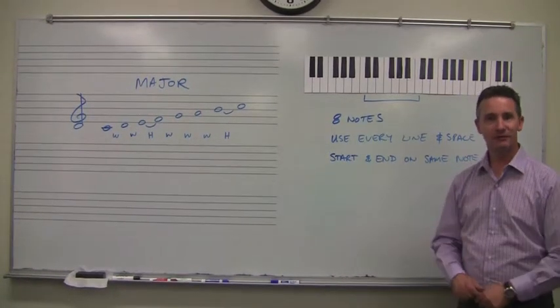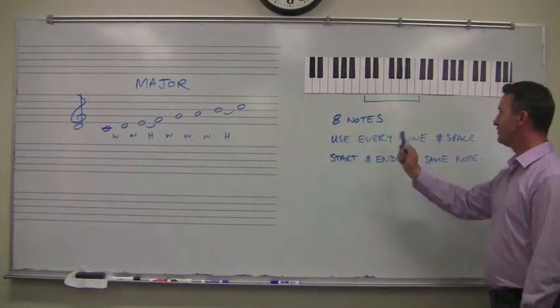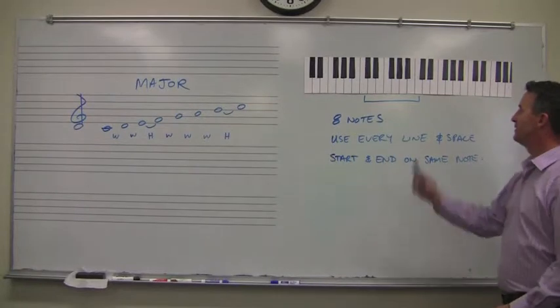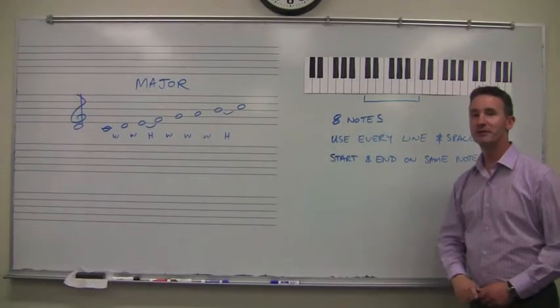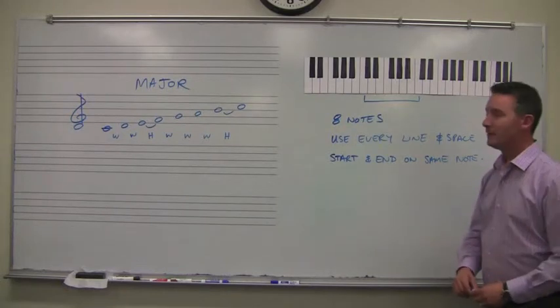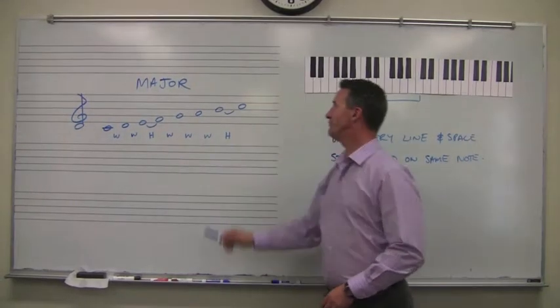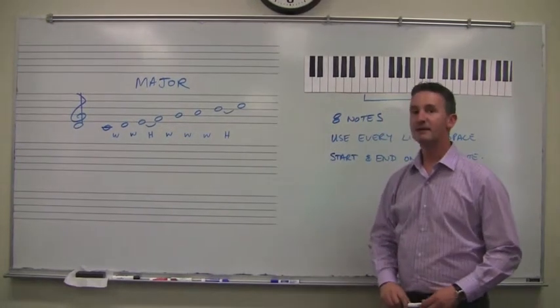All of those things have to fall into place. You have to have 8 notes. You have to use every line and space. You have to start and end on the same note, same pitch name. If you have those 3 things and a half step between 3 and 4 and 7 and 8, then you have a major scale.